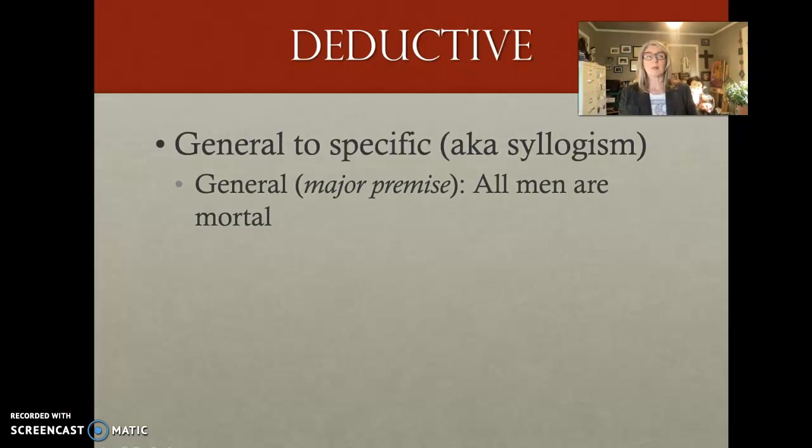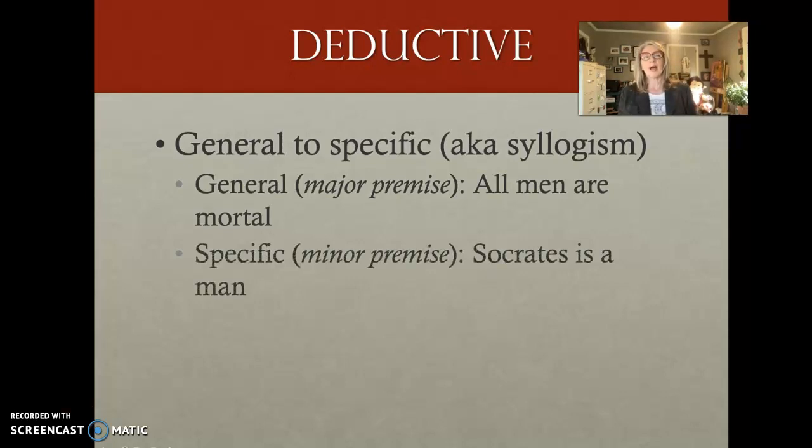So we're going to start with an example. All men are mortal. If you don't know who Socrates is, you must know, because we talked about this earlier in the year. We talked about Aristotle, but I'm sure I mentioned Socrates.